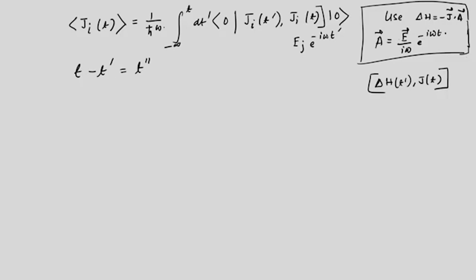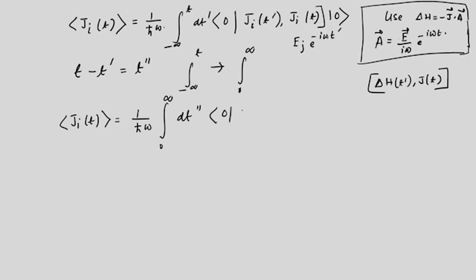This is perfectly fine, and in that case the limit actually changes from minus infinity to t. So this limit becomes equal to 0 to infinity. You can trivially see that J^I(t) in that case becomes equal to 1 over h bar omega, and from 0 to infinity, with dt double prime, the commutator of J^I(0) and J^I(t double prime).